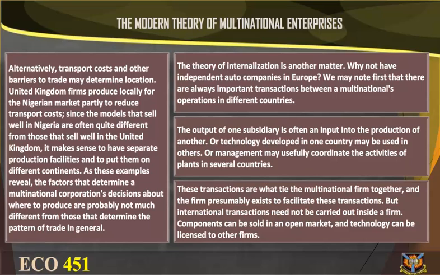It makes sense to have separate production facilities and to put them on different continents. As these examples reveal, the factors that determine a multinational corporation's decisions about where to produce are probably not much different from those that determine the pattern of trade in general.